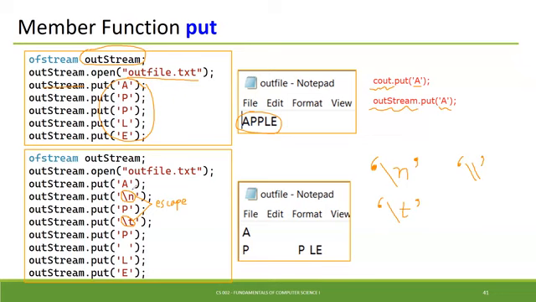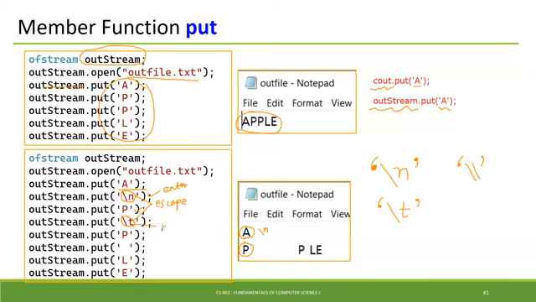In this case, after A, I press enter, a new line, the next line. So A is printed out here, and P is printed out in the next line, right?